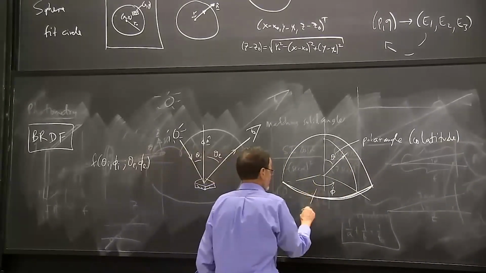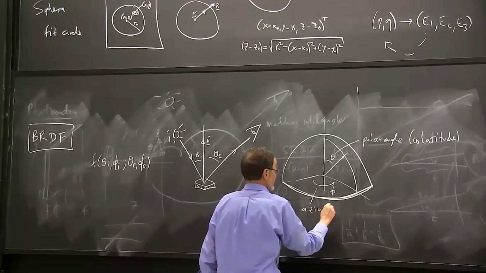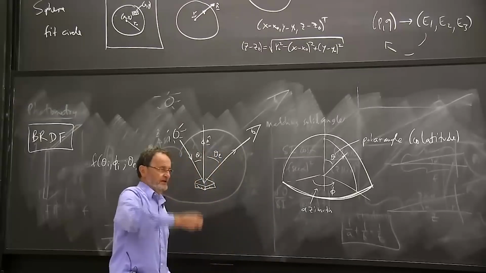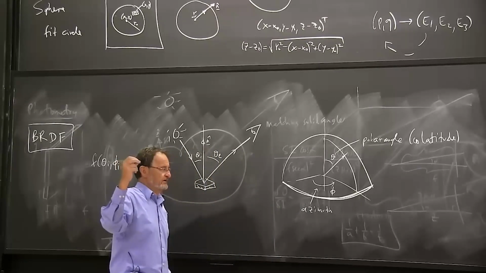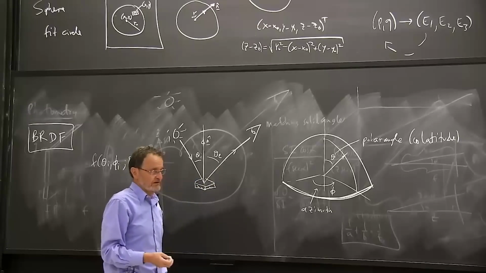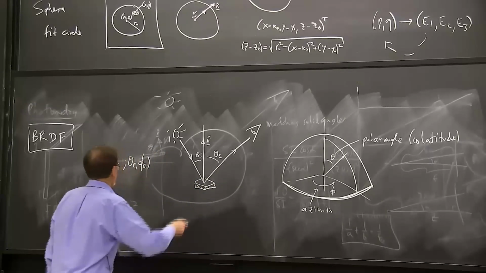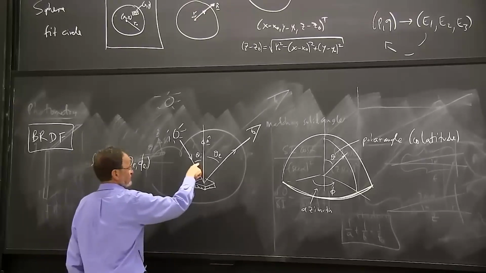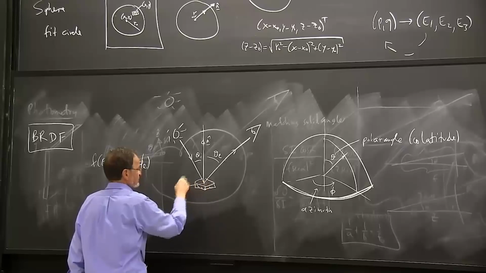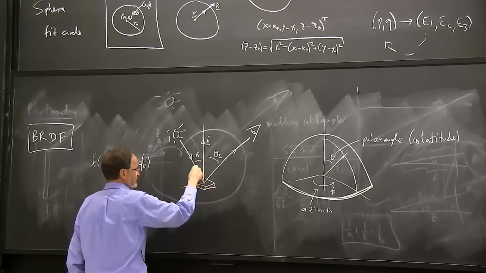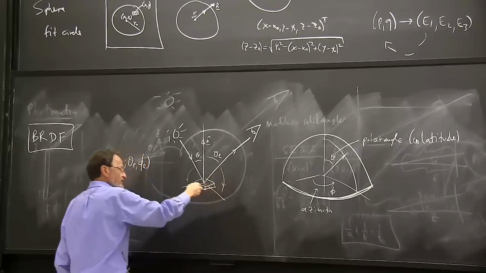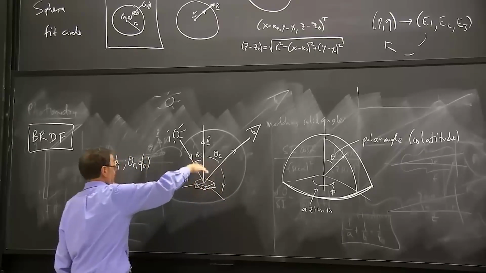And this is called azimuth angle. So to specify the direction of light coming in or light going out, I need two angles, polar angle and azimuth. And so here I've only shown the polar angle. And to draw the azimuth, I'd have to project this down into the plane of the surface and then look at the direction of those lines.